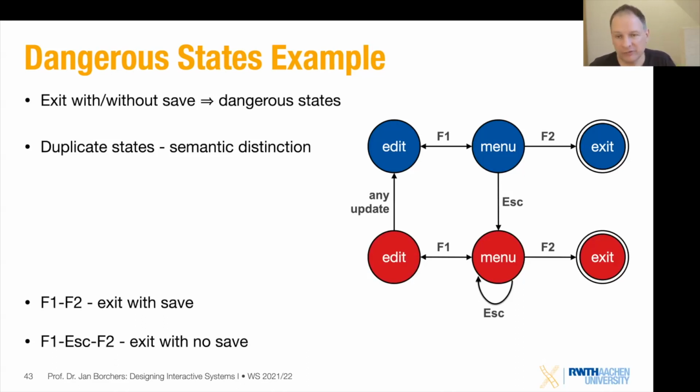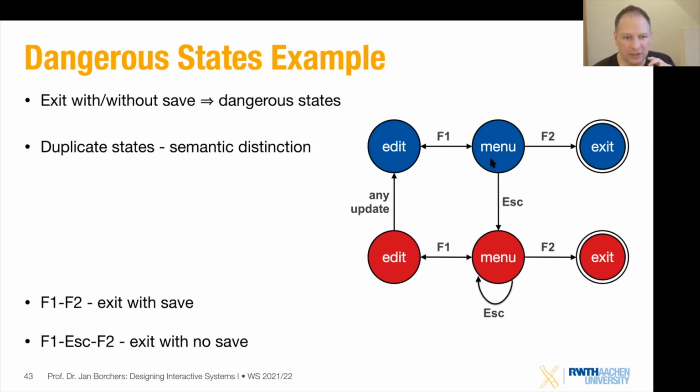So far, we do have dangerous states, but they are protected by the escape key. What do I mean by that? Well, the blue states you could call the save states, and the red ones are the unsaved ones. The blue ones: I'm editing a file, I'm moving into the menu, I'm going back to editing, moving back to the menu with the F1 key. At some point, I hit F2, I exit my program, it saves, everything's great.